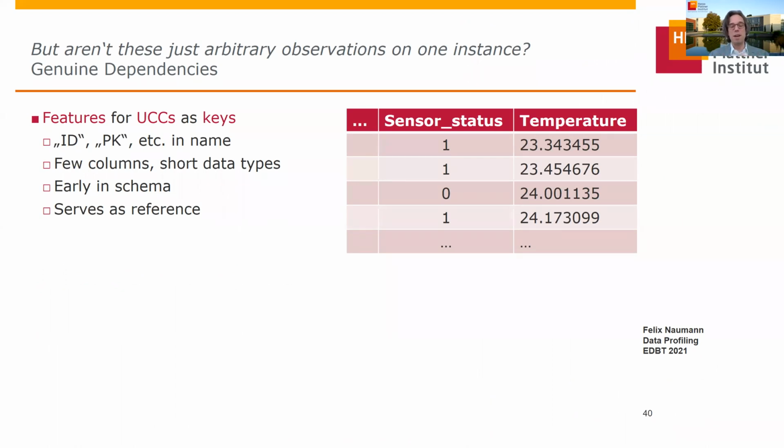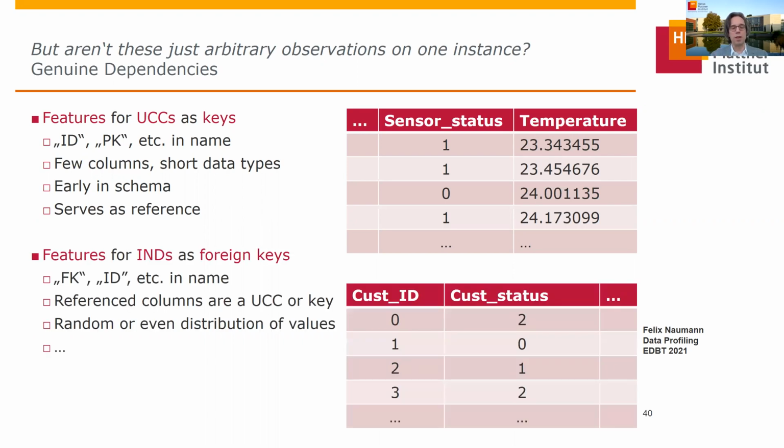But of course, this is a coincidence, right? It's not a good key. It just happens to be a unique column combination for this particular instance. And so can we find good features to identify keys among the unique column combinations? Big question. So can we make them genuine? Can we understand this is not just a coincidence? This should be true in general.